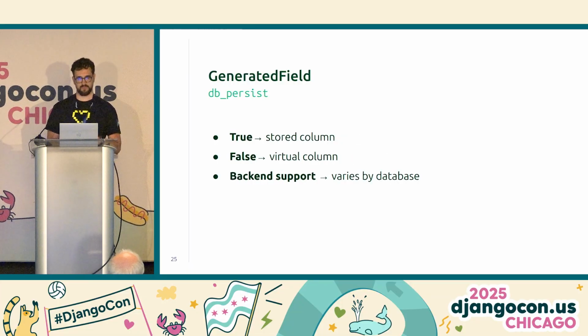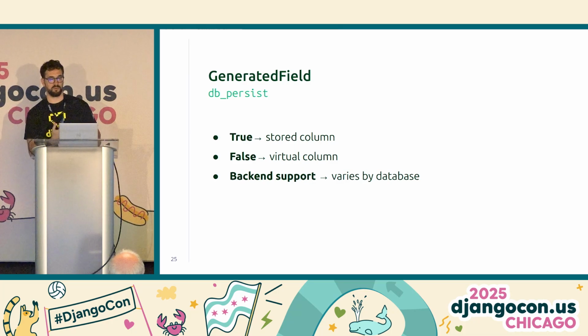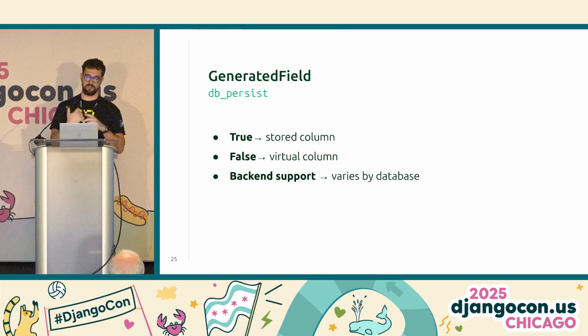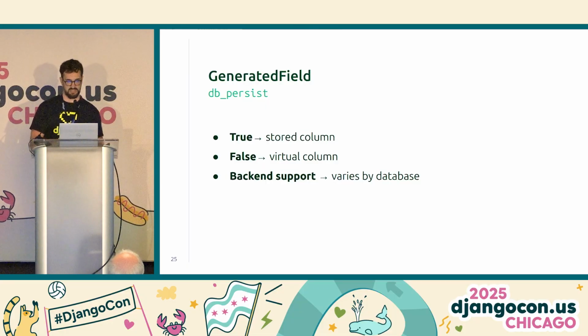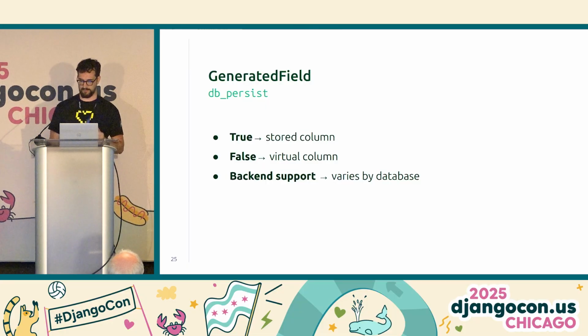And lastly, you have to specify whether the column will be stored or virtual, but it depends on the support of your database. For example, in Postgres, you can only have a stored column and not a virtual one. And for example, in Oracle, it's the opposite. You can't have a stored column, only a virtual one.